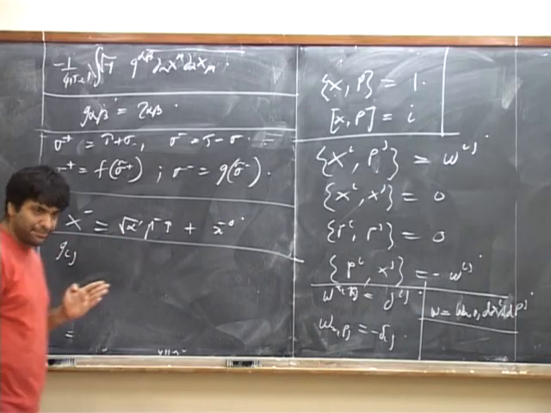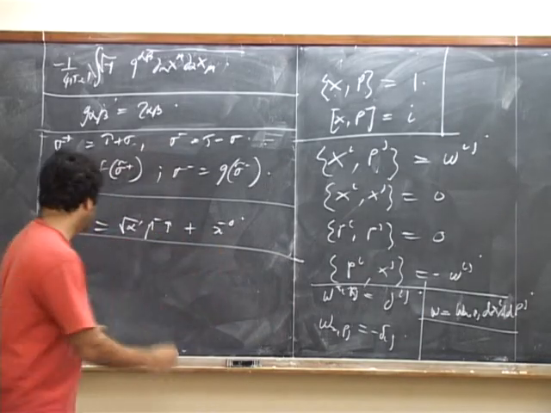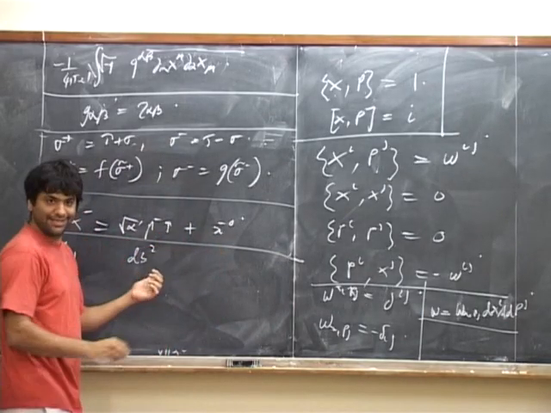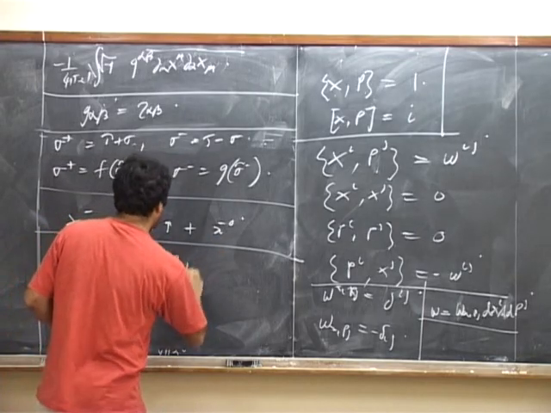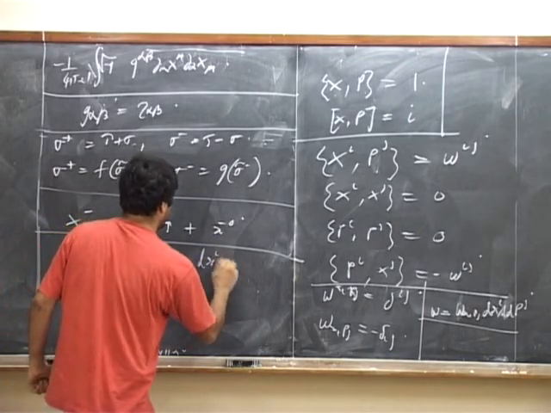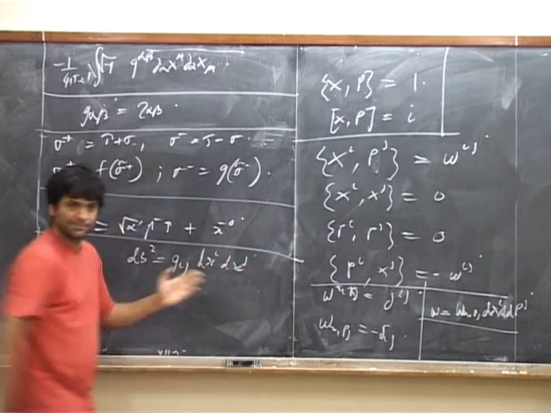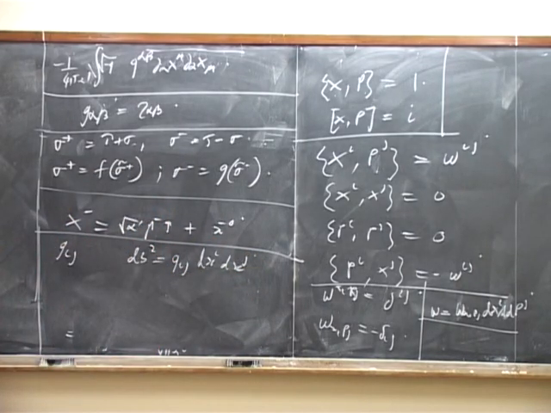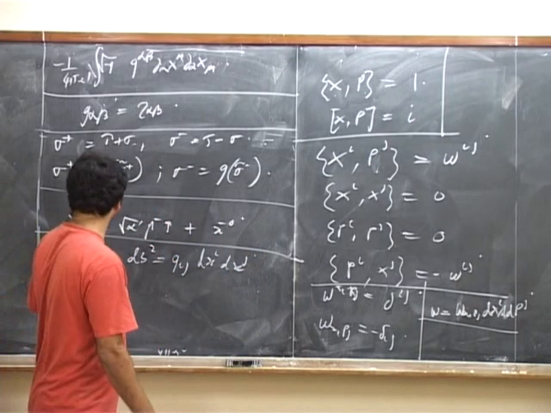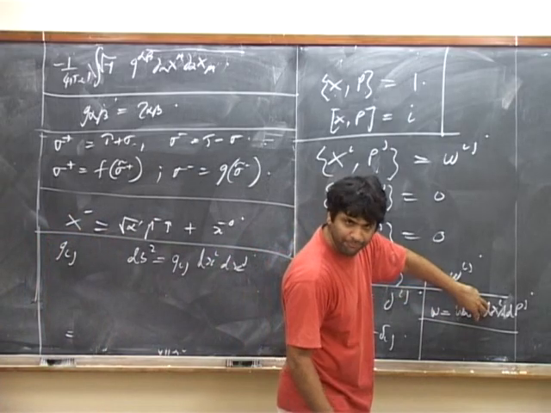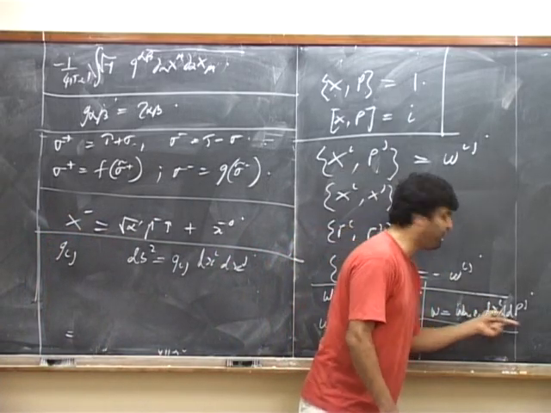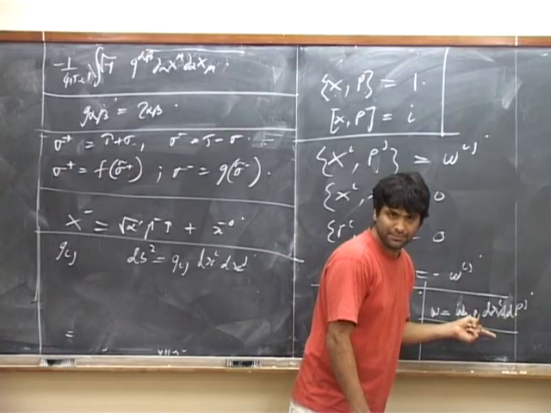You can equally characterize it by a formula for the infinitesimal line element, which is a scalar object. ds squared is equal to Gij dxi dxj. So what I'm doing is taking this equivalent of a metric, which is the symplectic form, and multiplying it by some formal object.